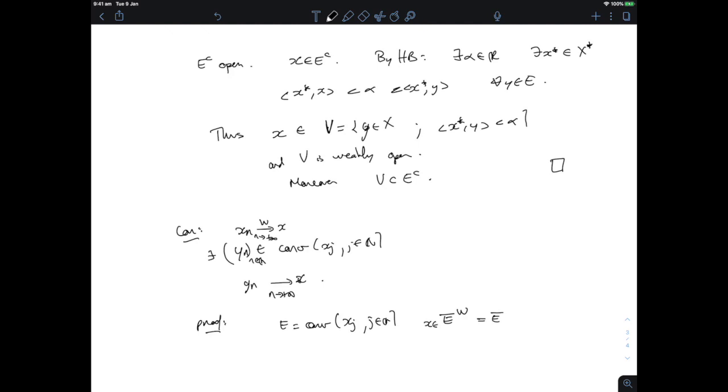And so x can be reached by a sequence in E, so a sequence of convex combinations of the xj's. That corollary is going to be something we use repeatedly in order to improve a weak convergence to a strong convergence, the price being that it's not for the original sequence, but it's for a convex combination of elements of the original sequence.